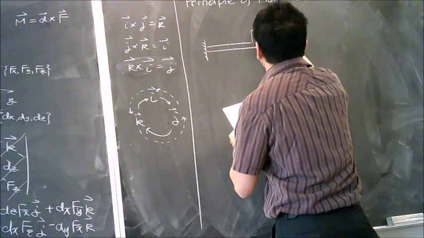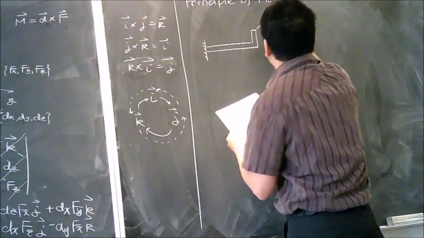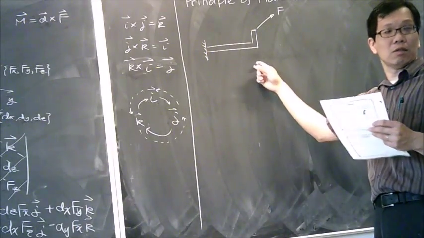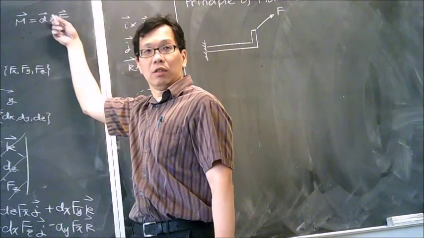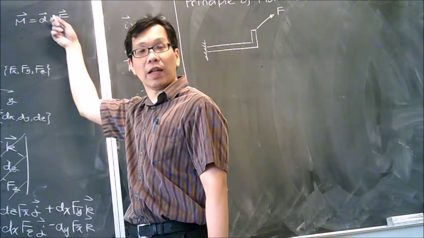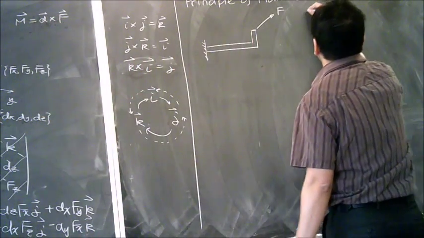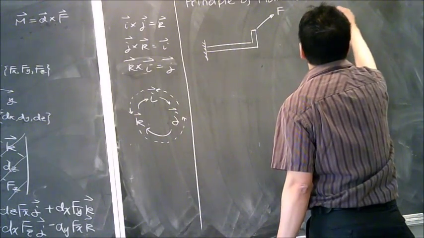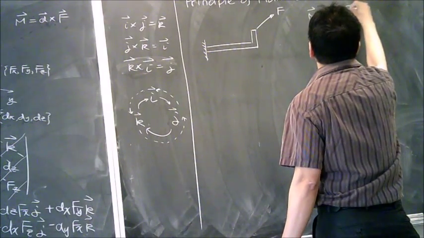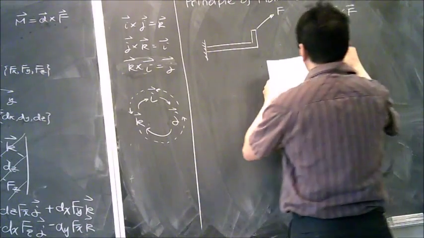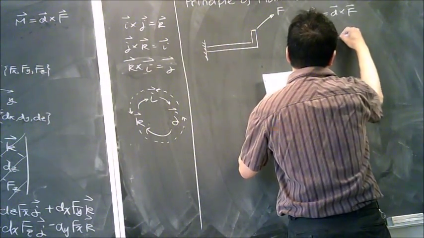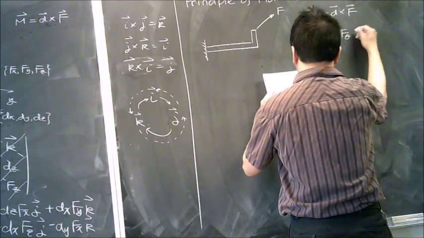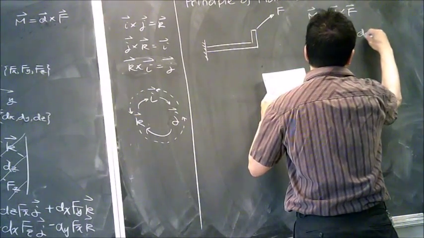So let's say I have something like this. We still know the moment vector formula over here is still valid. But in this case, I would like to just use the formula which becomes something like this.